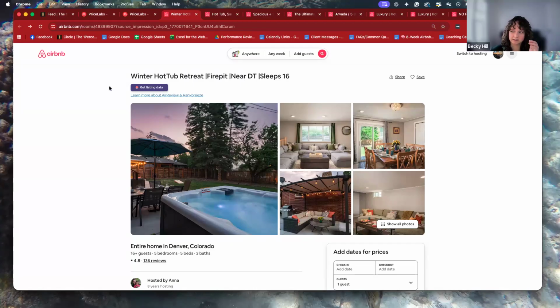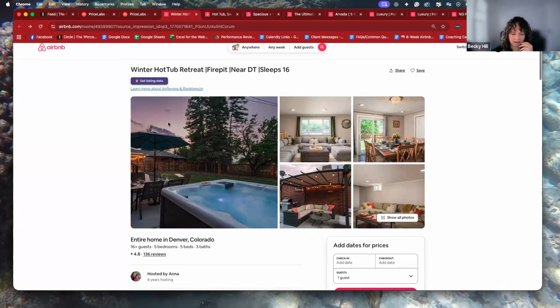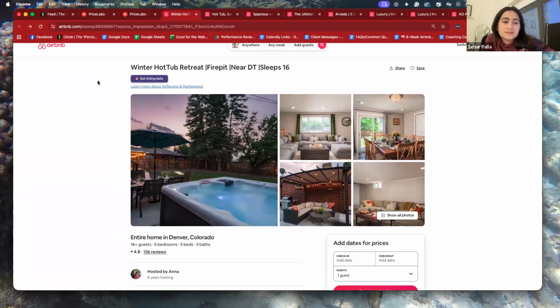There are not enough saunas out there for me to confidently say that they make a big difference. And I think hot tubs are just maybe a little bit more convenient for people to just go jump in. Yeah, I would say hot tub. And if you really want to go over the top, do a sauna, but that's when you're really making the cash flow. Gotcha.